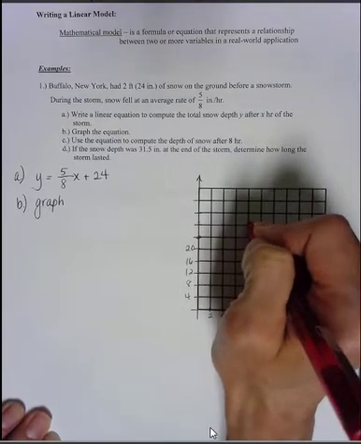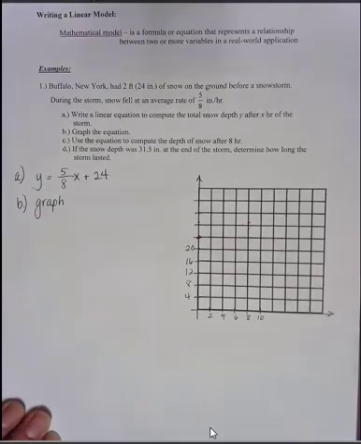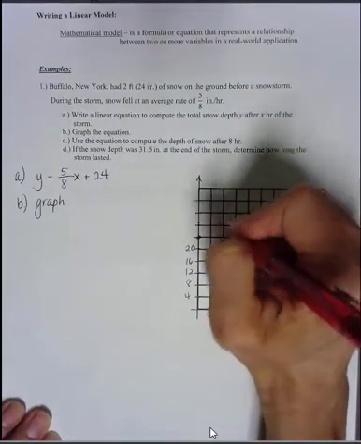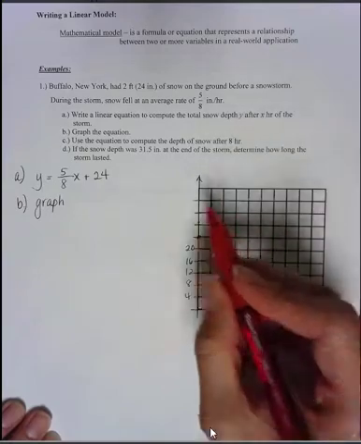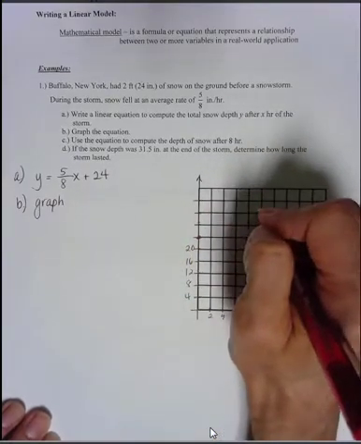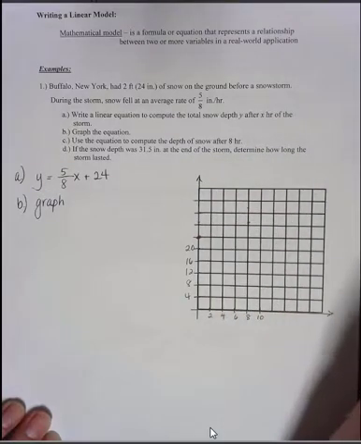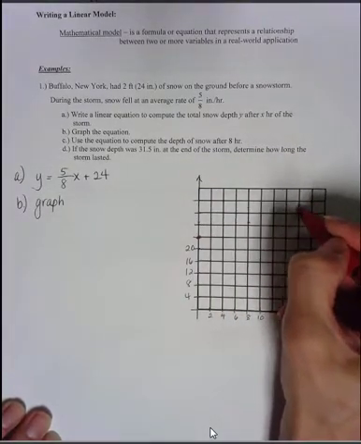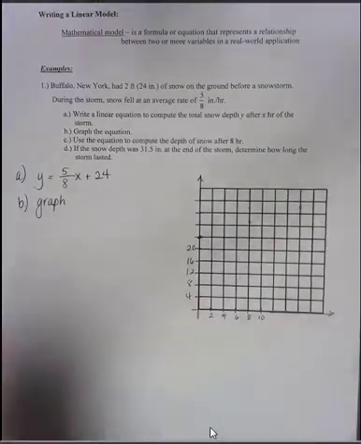Then I can do that same thing, and that'll bring me up 5 from essentially 29, so that'll bring me up to 34. That'll bring us up to about here, and then we go over 8. And so we have the graph right there.